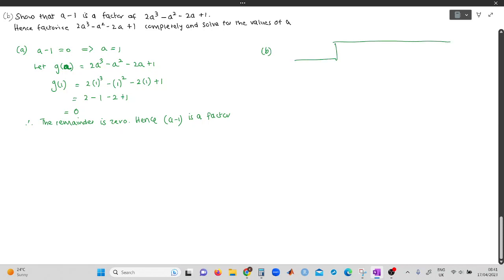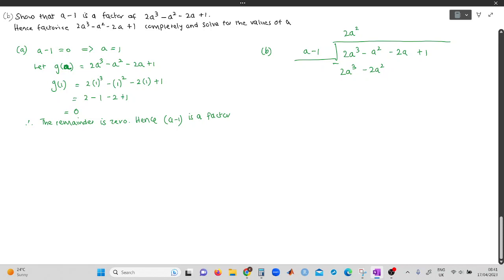Donc, I will have to obtain a quadratic expression somehow. Donc, 2a cubed minus a squared minus 2a plus 1 being divided by a minus 1. The procedure is the same. 2a cubed divided by a, 2a squared. 2a squared will be multiplied by a minus 1, which gives 2a cubed minus 2a squared.